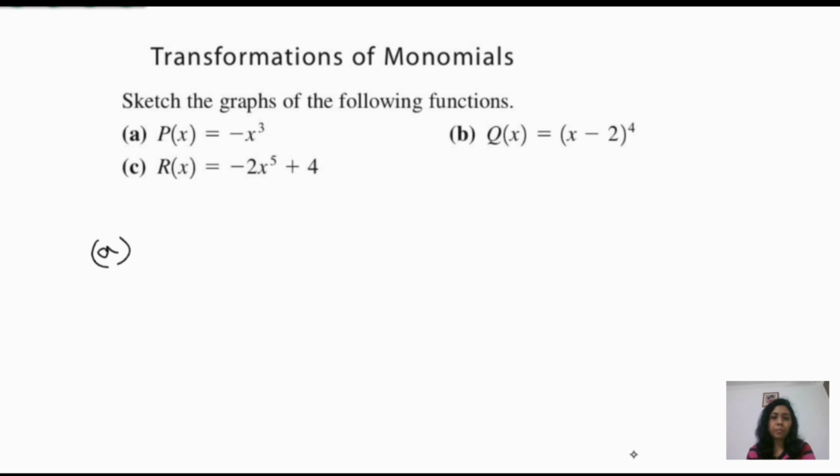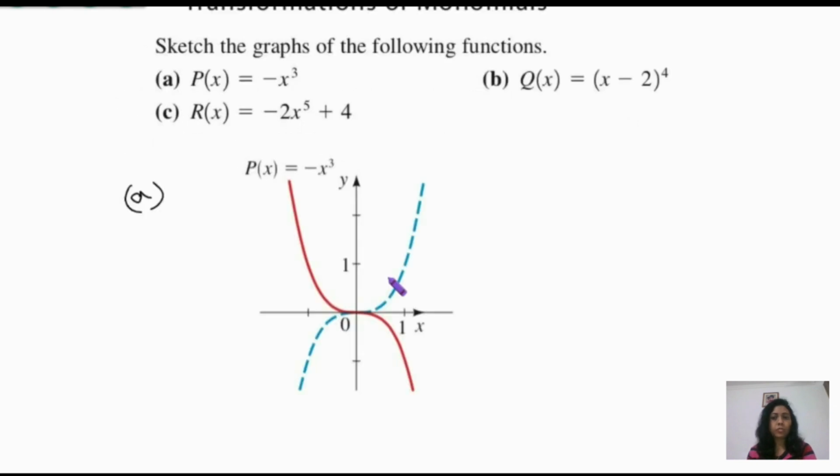The graph of P(x) equal to minus x^3 is the reflection of the graph of y equal to x cubed in the x-axis, and the graph is like this. So y equal to x cubed is this, and P(x) equal to minus x cubed is this red one, the reflection of this one in the x-axis.